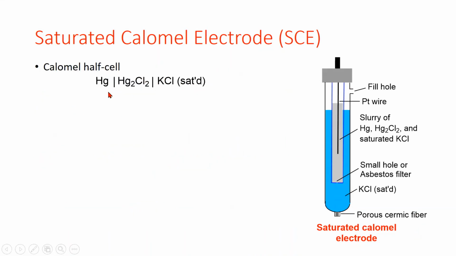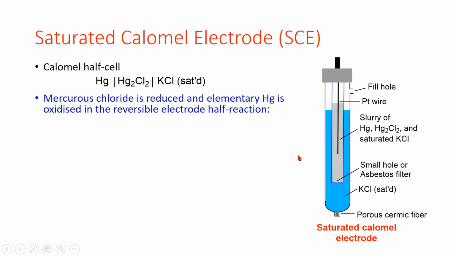The calomel half cell is mercurous chloride, KCl saturated. Mercurous chloride is reduced and elemental mercury is oxidized in the reversible electrode half reaction.